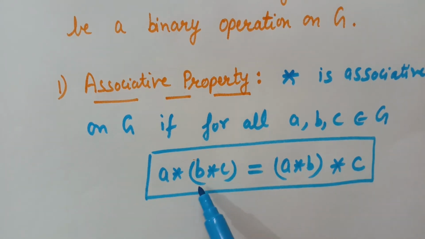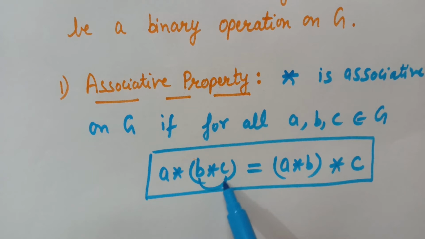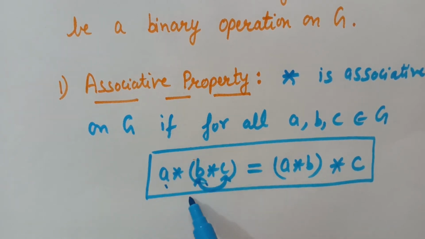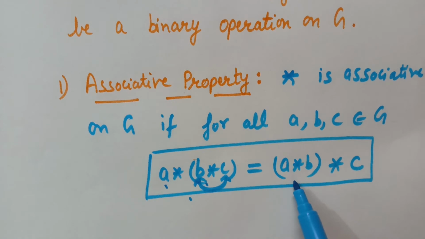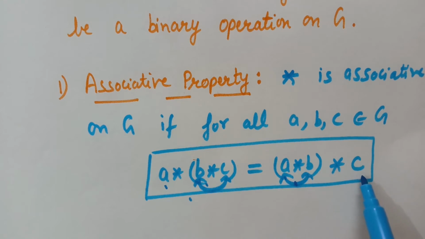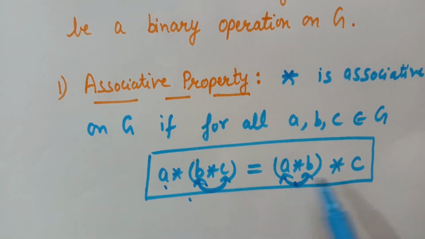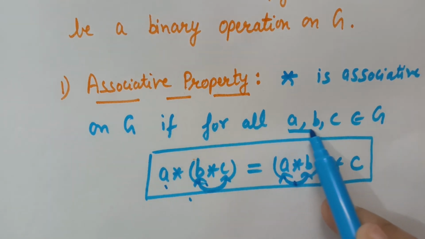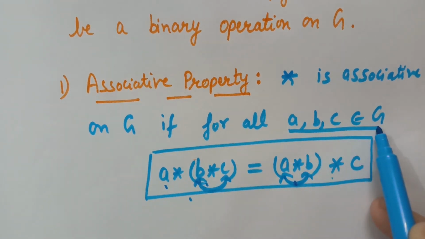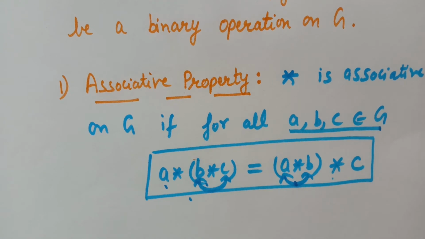And what is the meaning of this property? This implies that if we combine B and C first and then combine the resulting element with A, and we obtain some result, then that result will be the same as obtained on combining A and B first and then combining the resulting element with C. So the result in both these cases will be the same. And if this condition holds for all such elements A, B, C belonging to G, then the given operation is associative.